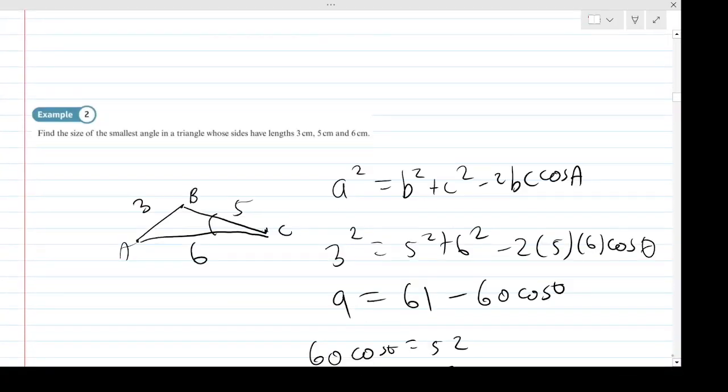So the crucial detail is really recognising that the angle we want will be facing the side. So this cosine of A has to correspond to that A there. So the opposite side is the 3 in this case. But anyway, let's have a look at another example.